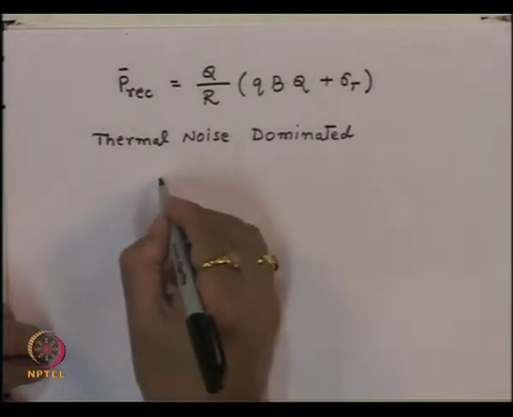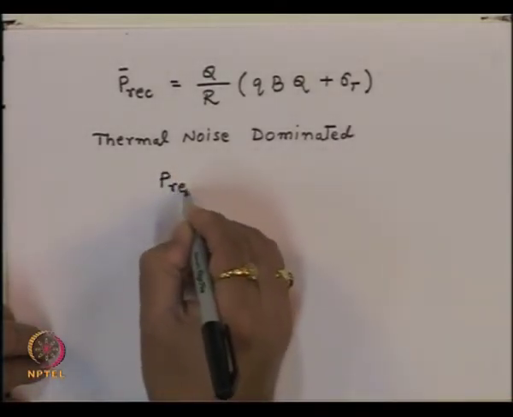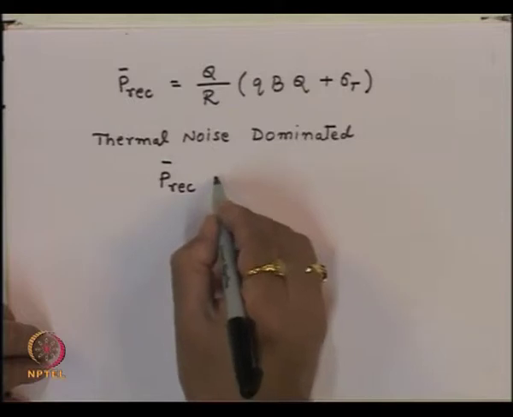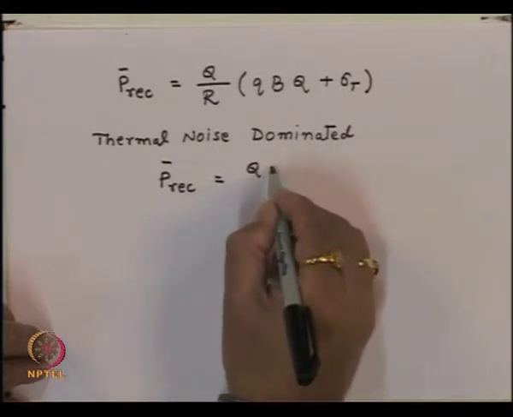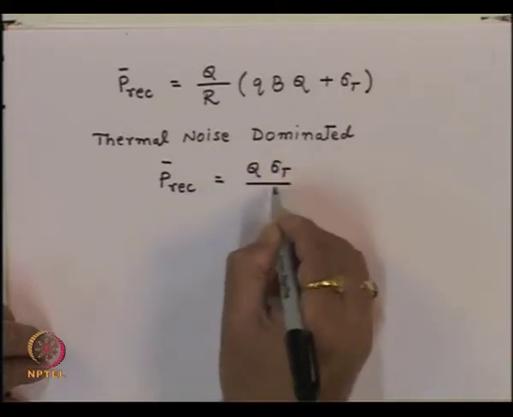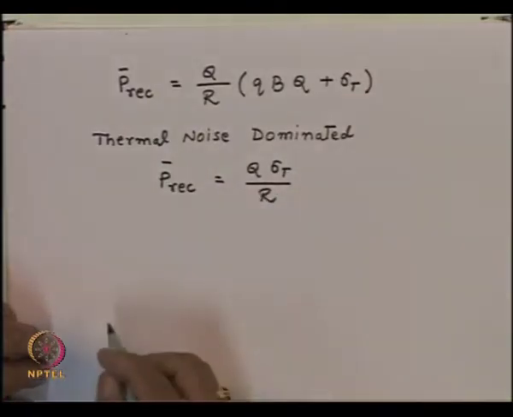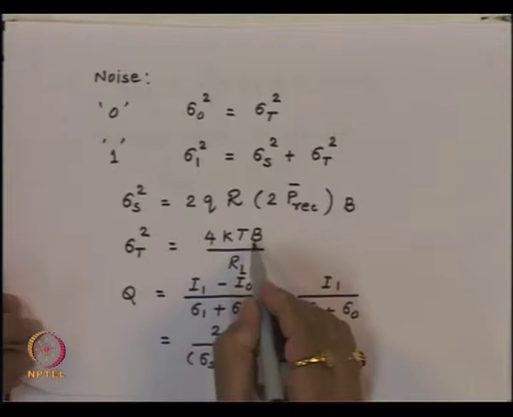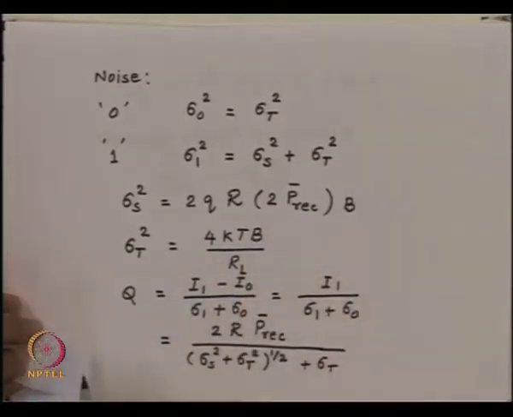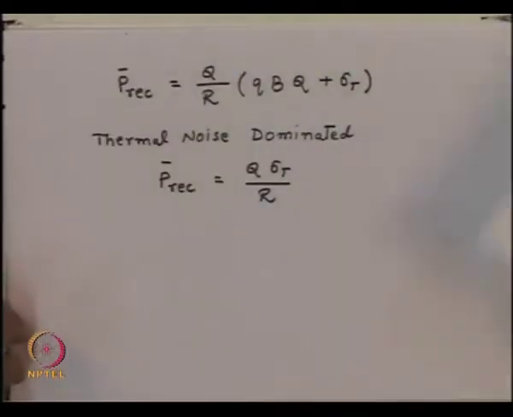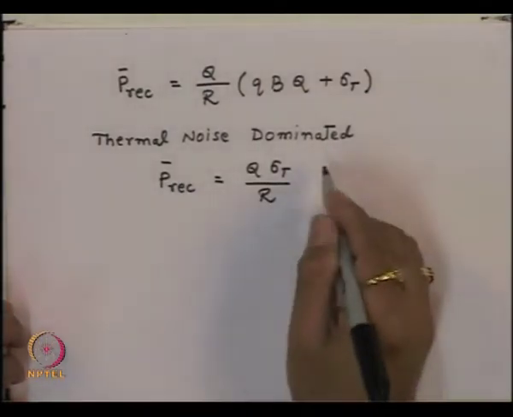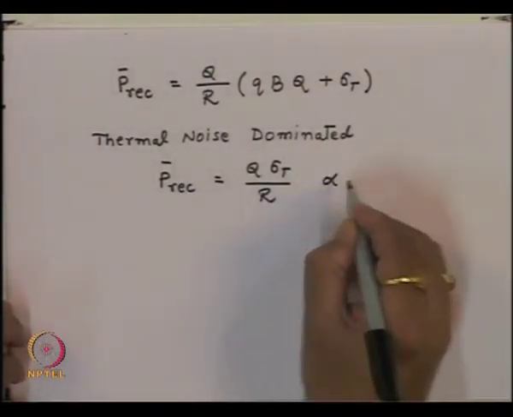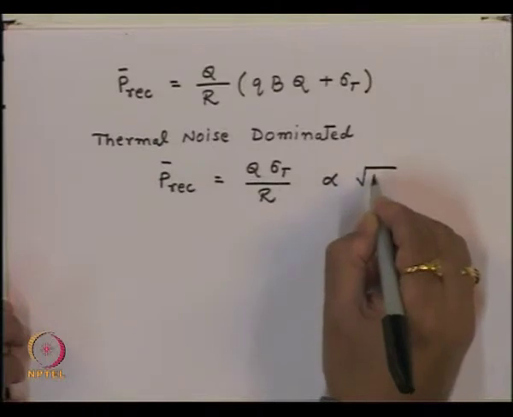So, we can calculate the minimum P received, P REC, that is equal to Q into sigma t divided by the responsivity R. And by substituting for sigma t, which is proportional to square root of B, essentially we can get P REC, which is proportional to square root of the bandwidth.